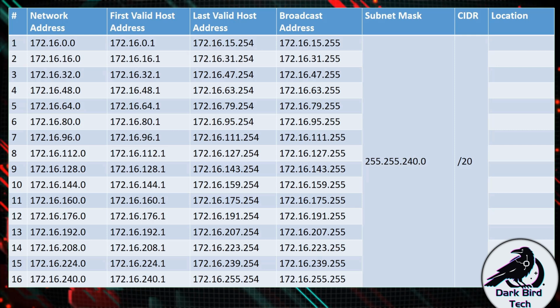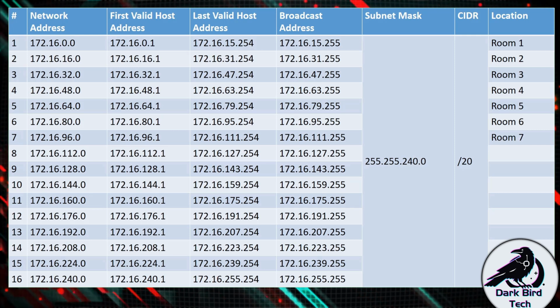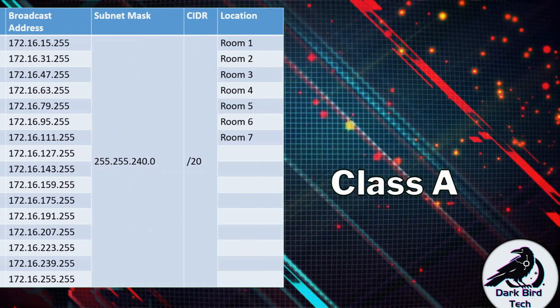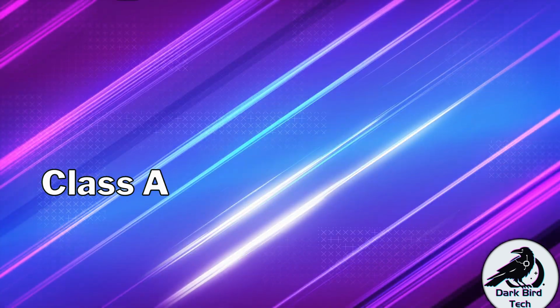And we can also use these tables to keep track of where we're using these networks, which is very, very helpful. Now let's have a look at Class A. Class A is going to be a little bit crazy because the values are going to get really big when we extend this table.